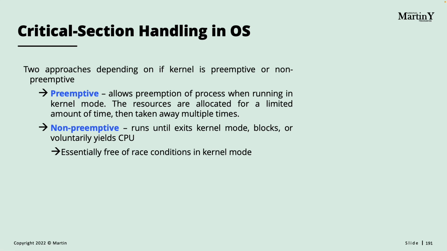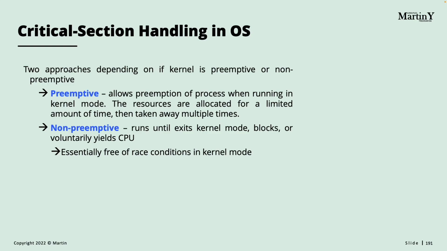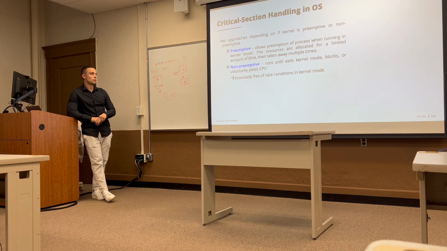The preemptive processes are those that we can jump to and swap with other processes all the time. Let's say we start process A and process B. We do a little bit of work in process A, then we release the resources to process B, then we go back to process A. Those are preemptive processes. The non-preemptive processes are going to run until they are completed, and then they're going to exit the kernel mode.